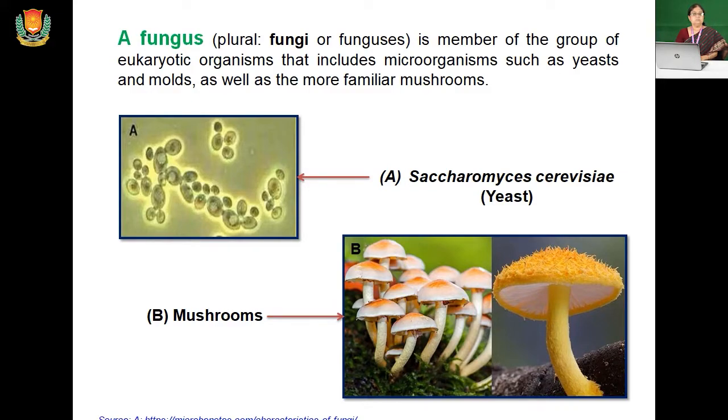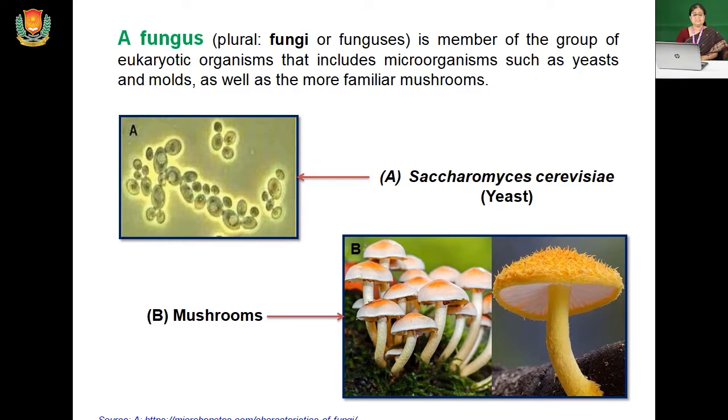Next, a multicellular group, we can see the mushrooms. Mushrooms obviously have two forms. One is an edible form, another is a non-edible form. The non-edible form is very toxic in nature. If taken even in minor concentration, it can cause health injury and can even cause death.